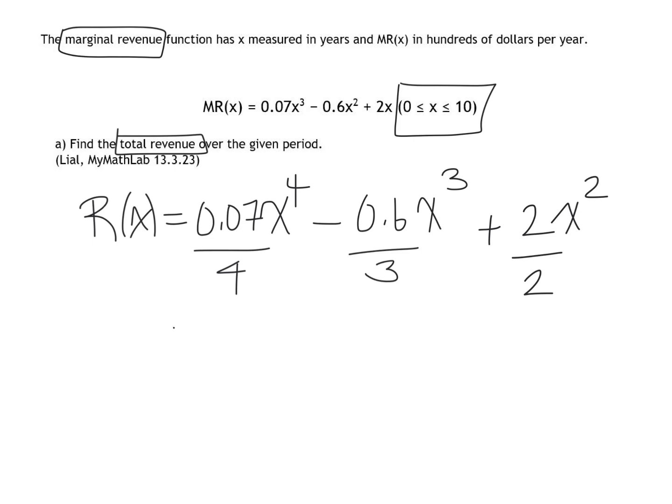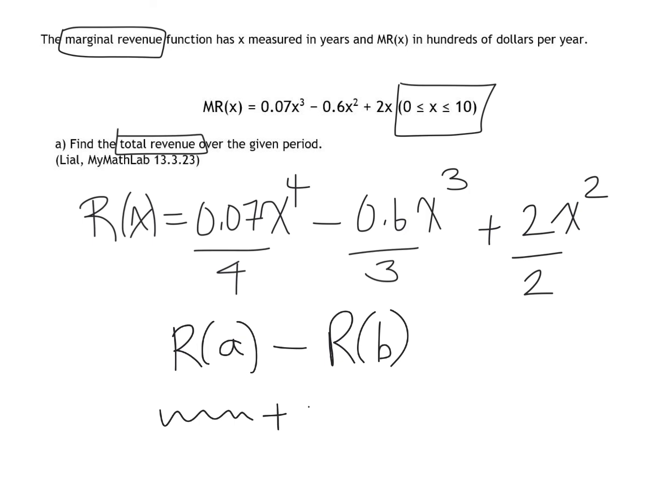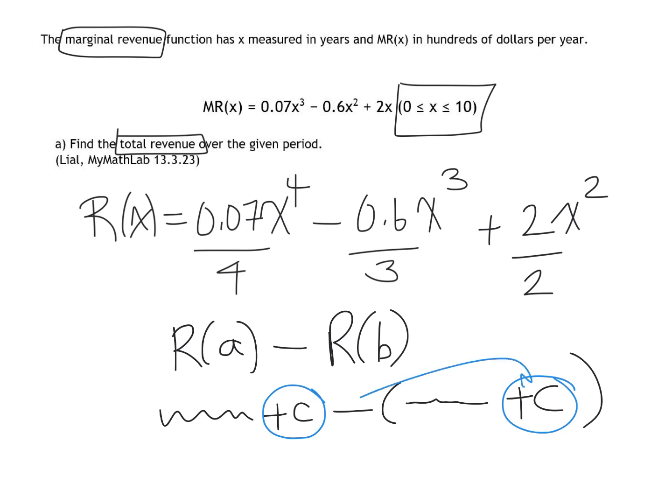Because we're evaluating this function at some point, like A, and we're subtracting the value of that function at B. So you might have terms, blah, blah, plus C, minus blah, blah, plus C. So you can see that we are subtracting C minus C. So we don't need to know it. It'll be subtracted away in this case. Yeah?